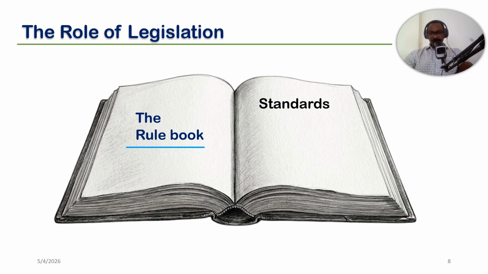What quality of effluent are you discharging? Does it meet the national standards? Does it meet the World Health Organization standards, which we ratify, domesticate, and then apply to our specified nations? The other has to do with licensing.